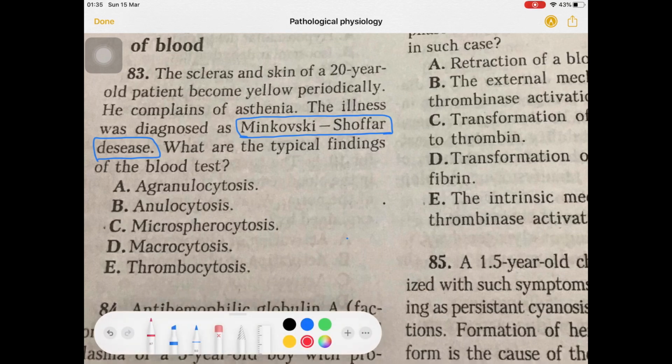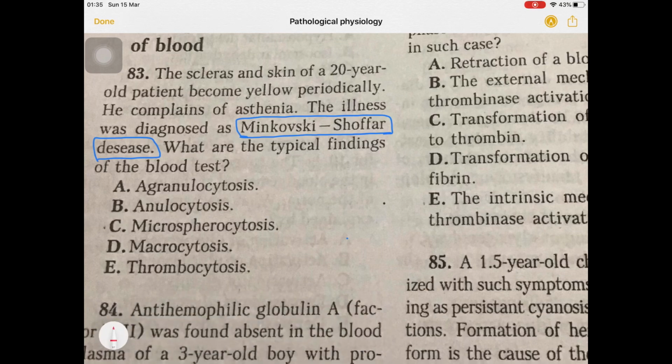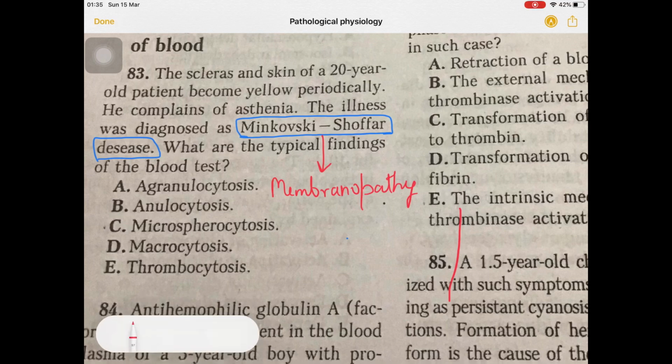The problem is that in this one we are having membranopathy, right? Why is there membranopathy over here?